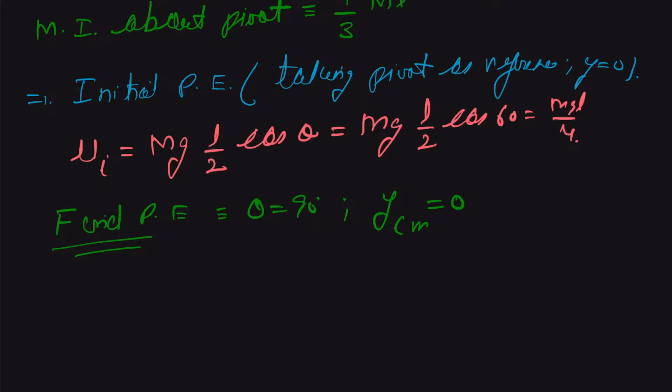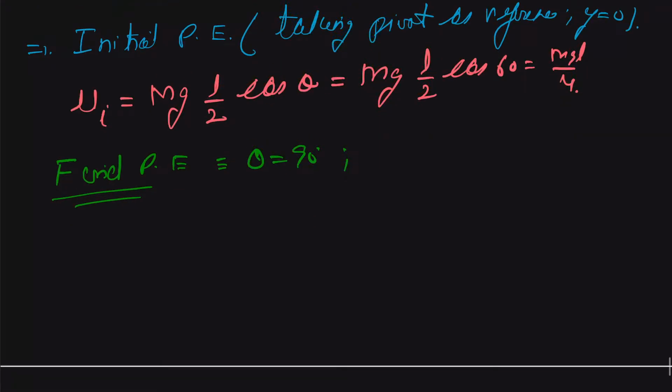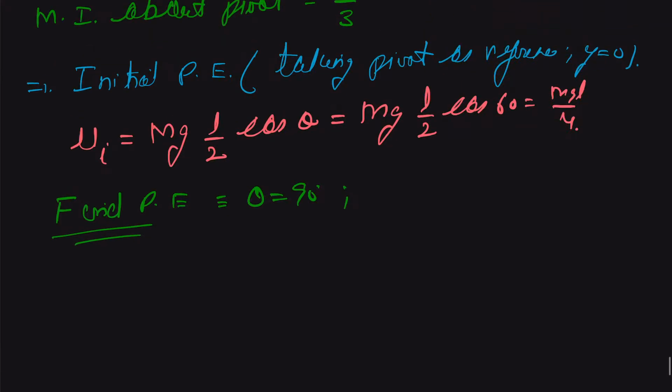Let me write it otherwise: our theta is equal to 90 degrees, relative to the height of the pivot.